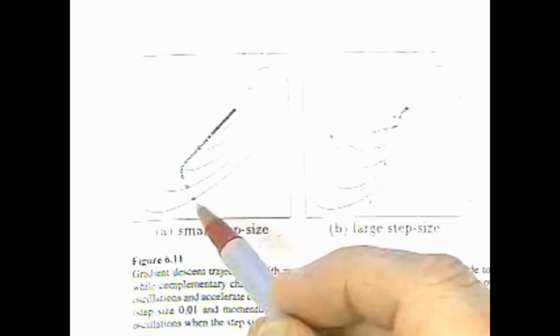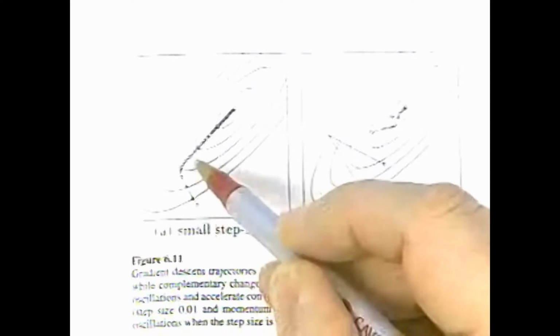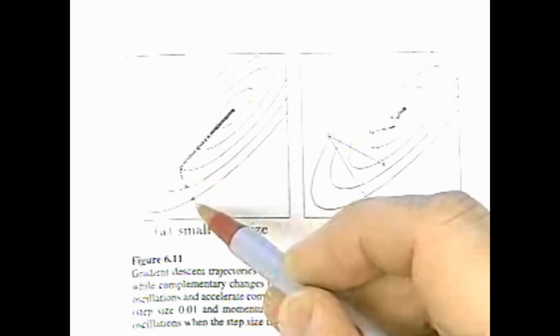Now, if we take the same exact problem and we apply momentum, for the small step size we don't see a lot, because if you're taking a small step size, momentum doesn't add into things very much. It does turn out the small step size actually goes over a little more. The small step size without momentum actually goes with a trajectory which looks more like this.